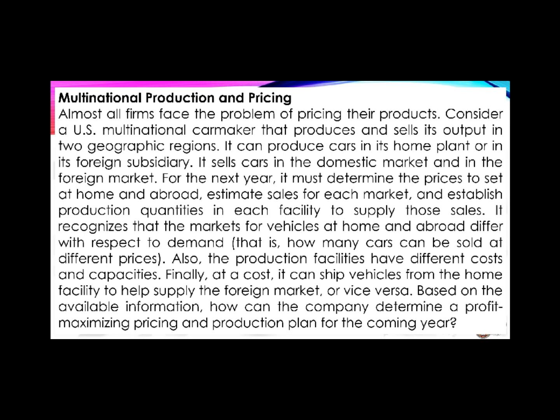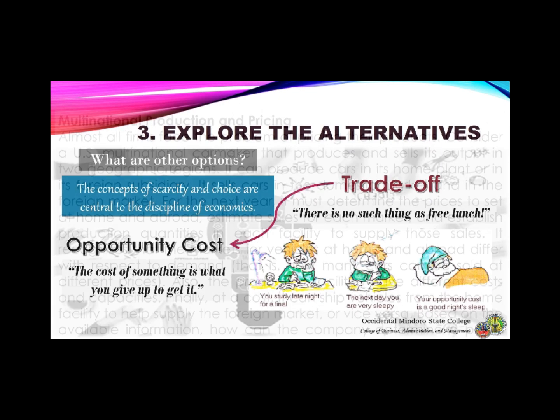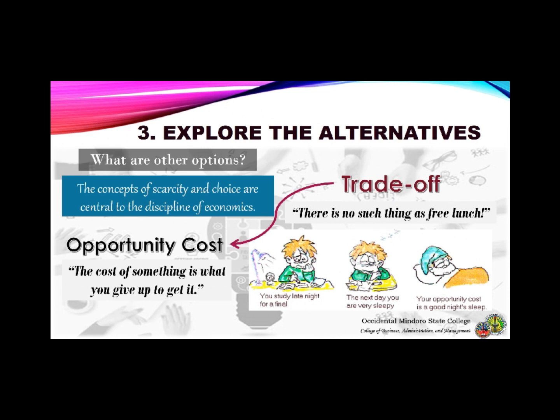It still remains for the firm to determine a production plan to supply its total projected sales. That is, the firm's other two decision variables, the quantities to produce in each facility. The firm's task is to find optimal values of these four decision variables, values that will generate a maximum level of profit.